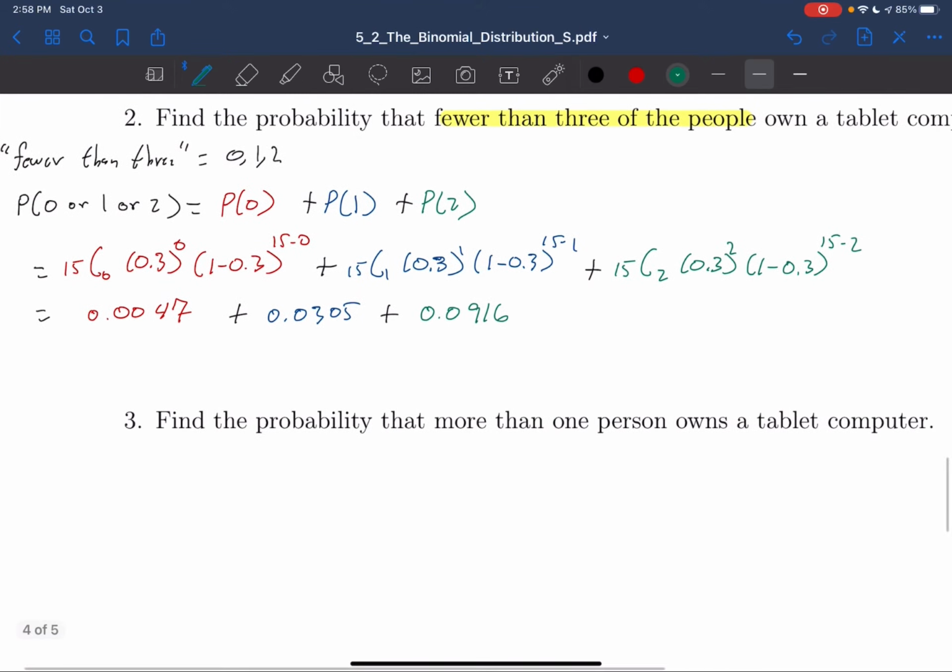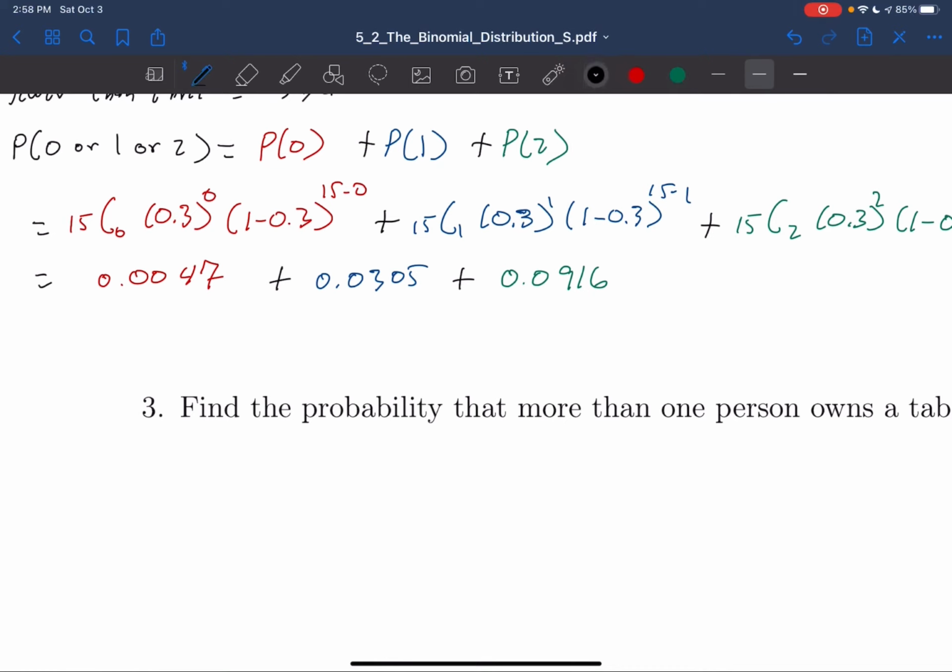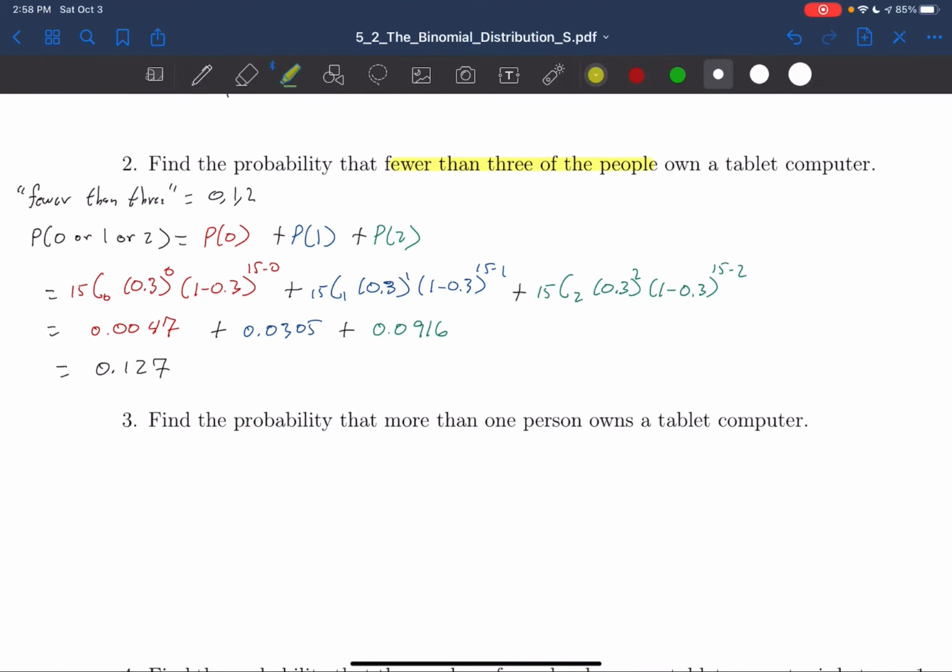Yeah, I'm cutting a couple of steps just for time, but I expect you to walk it through. So if you add all this up, this should be 0.127. So the probability that fewer than 3 of the people own some sort of tablet is 0.127 or 12.7%, if you like percentages.